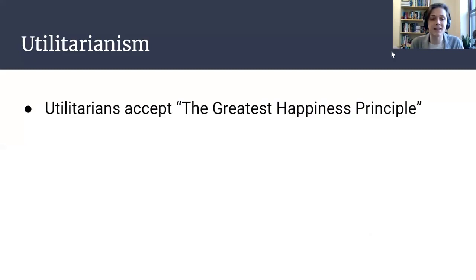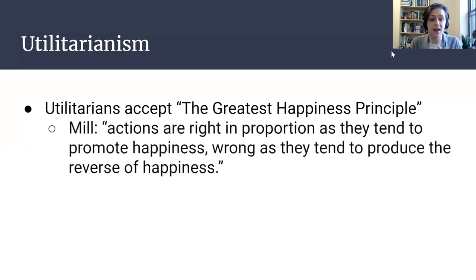And utilitarians accept what John Stuart Mill calls the greatest happiness principle. So Mill says actions are right in proportion as they tend to promote happiness, and they are wrong as they tend to produce the reverse of happiness. The reverse of happiness, of course, being just a weird old-timey way of saying unhappiness.